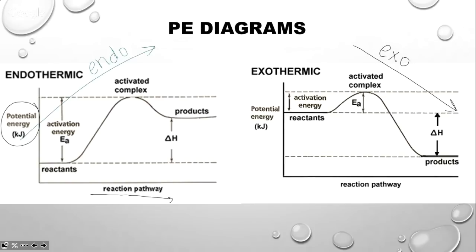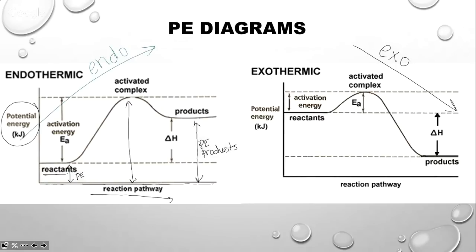Remember that we're going to have three values that hit this x-axis here, and they're going to hit places on the graph. So if I put in something that goes from the x-axis to the reactants, that would be the PE of the reactants. X-axis up to the products would be the potential energy of the products.